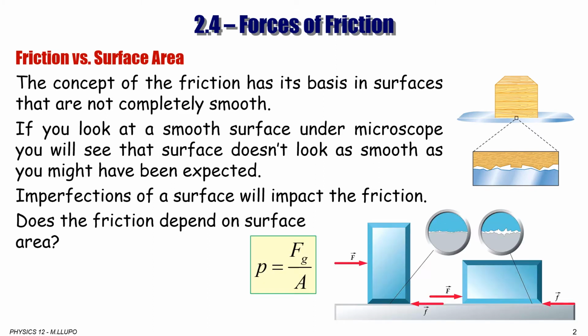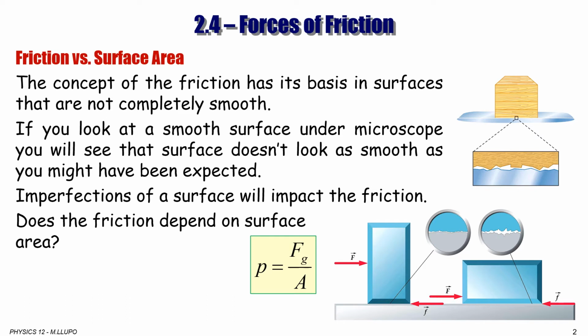But does the friction depend on a surface area, the surface in contact between object and the surface that is holding it? You can take a look at this example. There's the same box, same surface area that is holding that box.